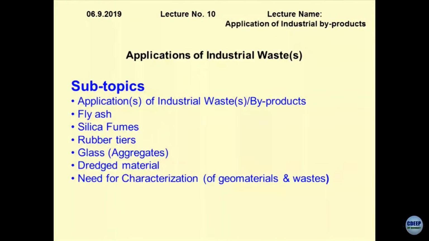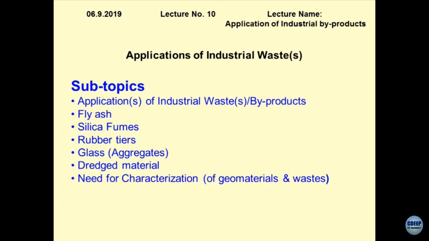Now, the subtopics which I intend to cover here are what are the applications of industrial waste or byproducts. As I said in the previous lecture, we do not use the word waste anymore, these are the byproducts.